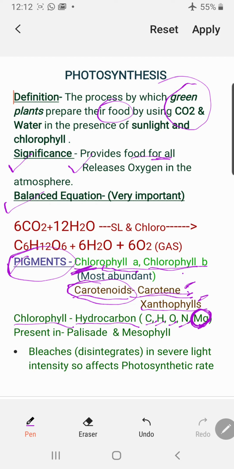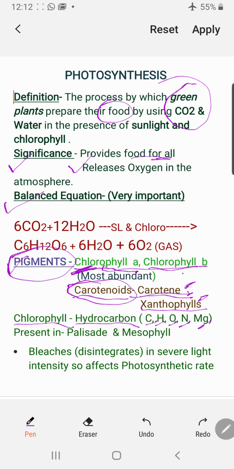The council is fond of asking you a question: which is the core element of chlorophyll? The way people tend to ask you, which is the core element of hemoglobin? You say iron. Right. Similarly, the core element of chlorophyll is magnesium. Please remember this, that this is the core element. Without magnesium, the chlorophyll molecule will not be able to maintain its stability.